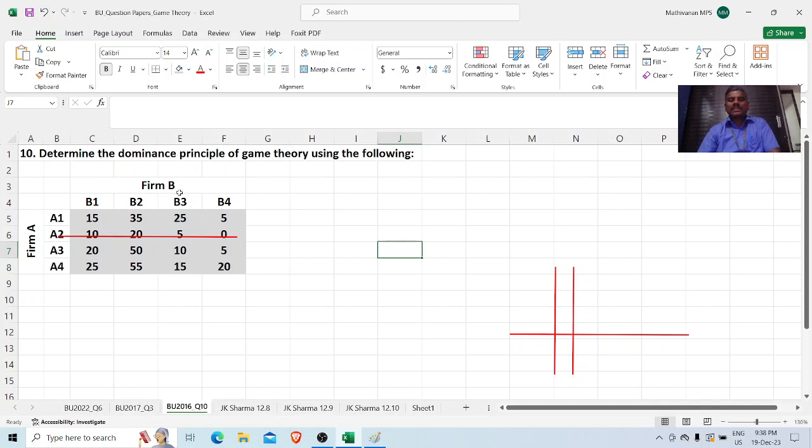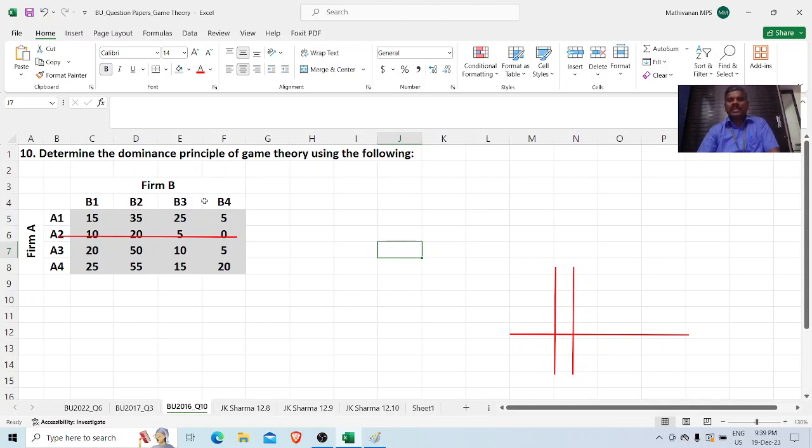Now we will look at what will happen when firm B uses the third strategy. The strategy A1 will result in a gain of 25 points for firm A. A3 will result in a gain of only 10 points. That means A1 is a better strategy. What about the strategy B4?